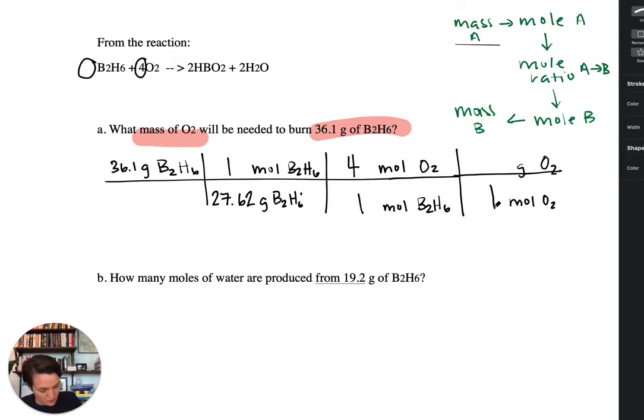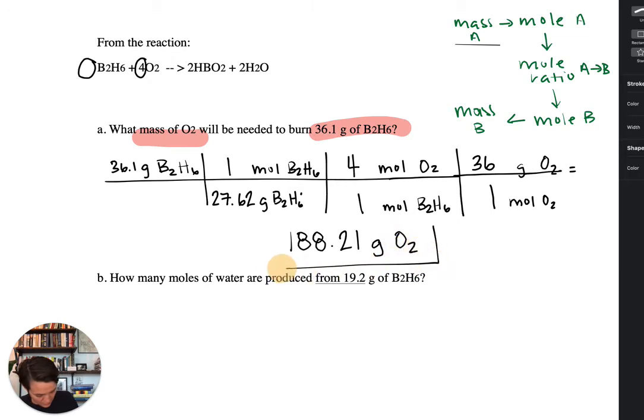And then O2, 16 times 2 is 32. Okay, so now we're just going to multiply across and divide by the product of the denominator. All right, so that is the mass of oxygen that is needed to burn 36.1 grams of B2H6.